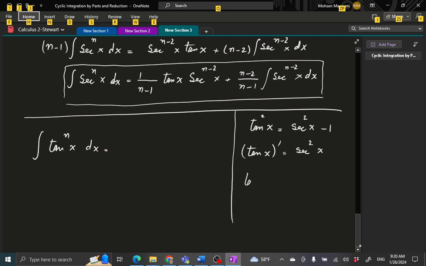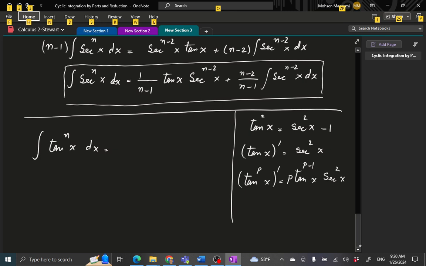And if I have tangent to some power, let's call it power p, and I want to differentiate it, of course I will have the power coming in front, tangent to 1 less than the old power, and then the derivative of the base, which is secant square of x.